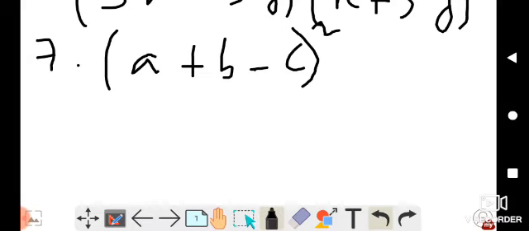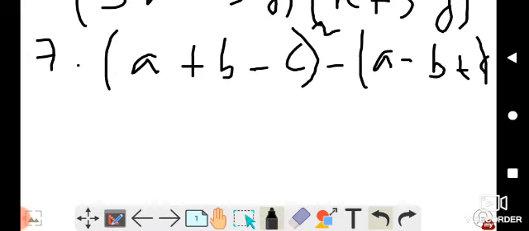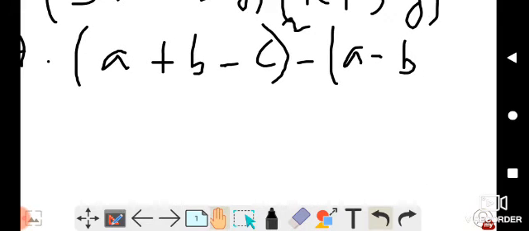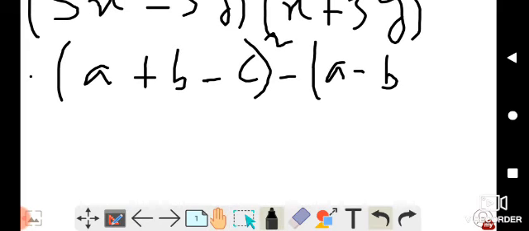This is of 1 and minus, again a minus b, plus c. Okay, one minute beta, I erase this and I write it completely: (a plus b minus c) whole square.